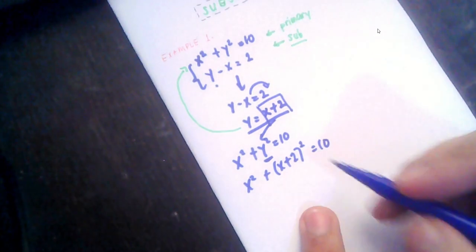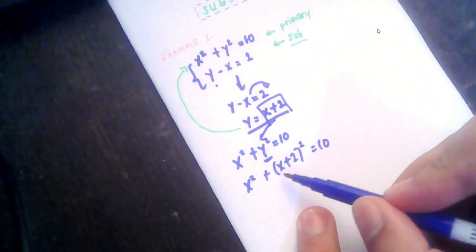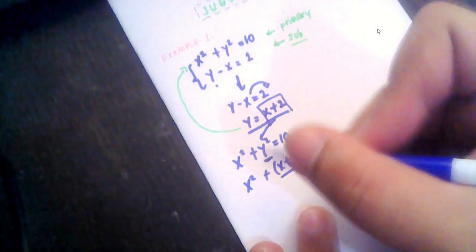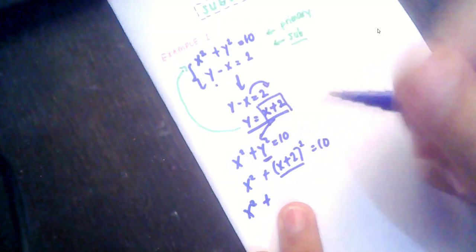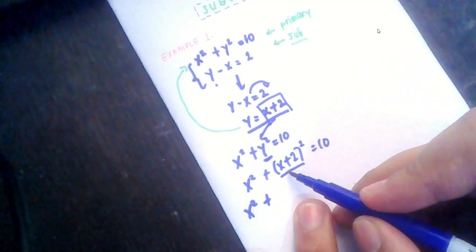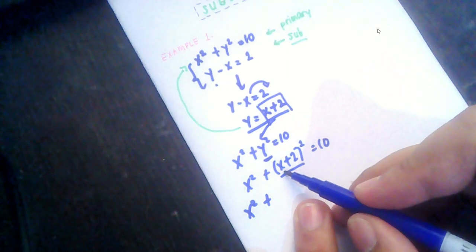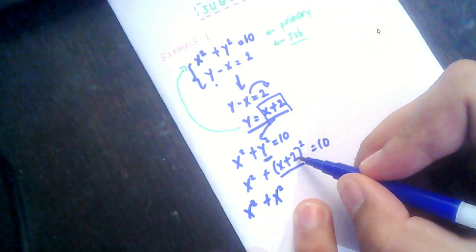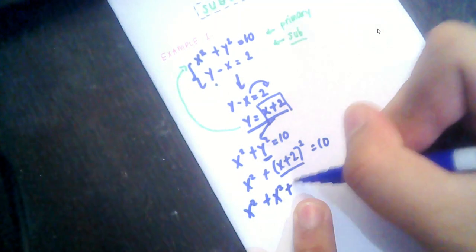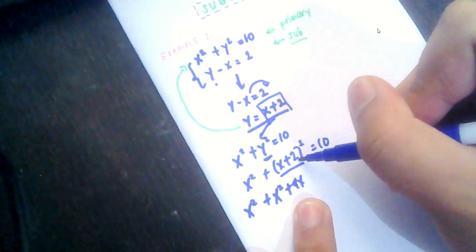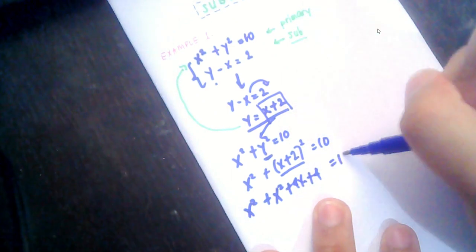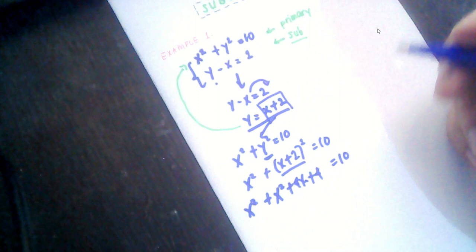So you can see it can become a trinomial. So you have x squared plus, how to make it trinomial, x times x, x squared, 2 plus 2, 4x, 2 times 2, 4, that is equal to 10.